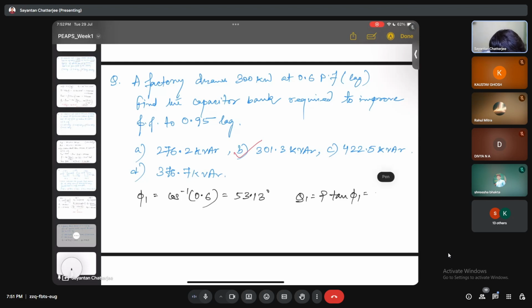I'm directly writing the answer here. 300 into 1.33, that is 399.99, means around 400 kW.